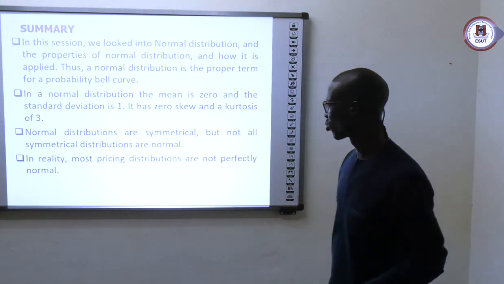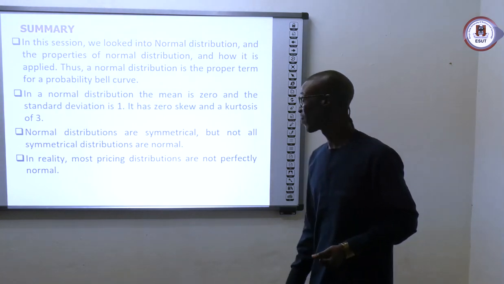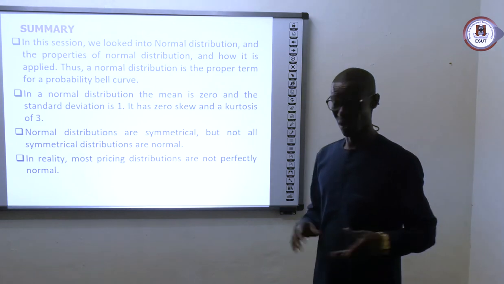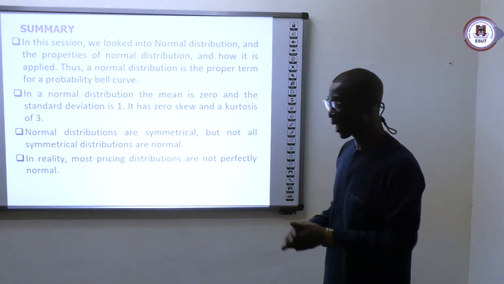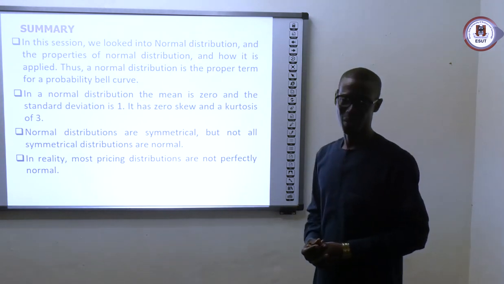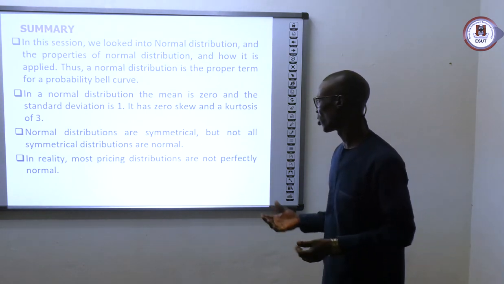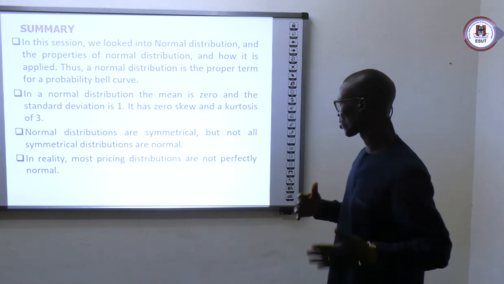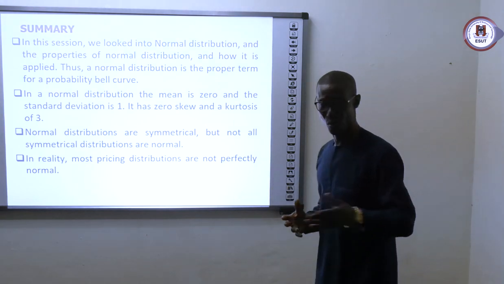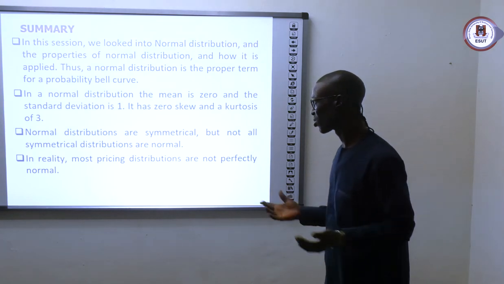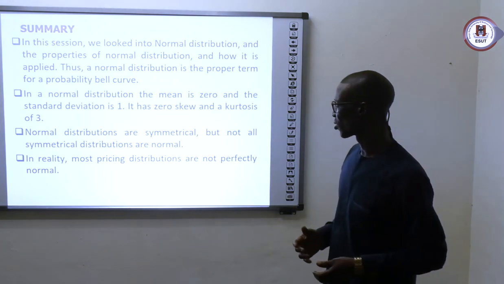So far so good. We've discussed the properties and features of normal distribution, how a distribution can be typed as normal, and how a normal distribution could skew to one side. The kurtosis of a normal distribution is always 3. We'll discuss that.